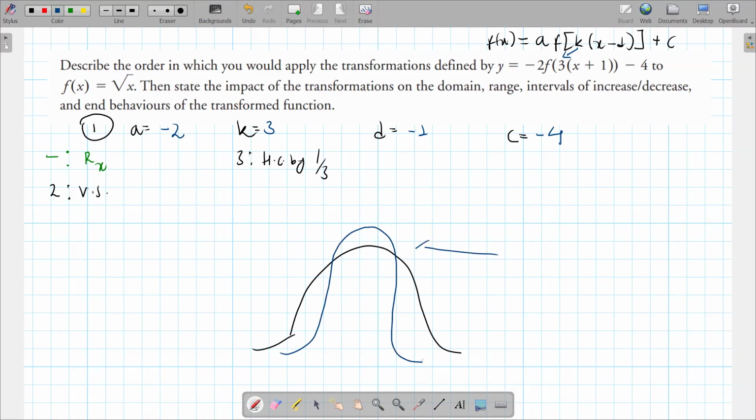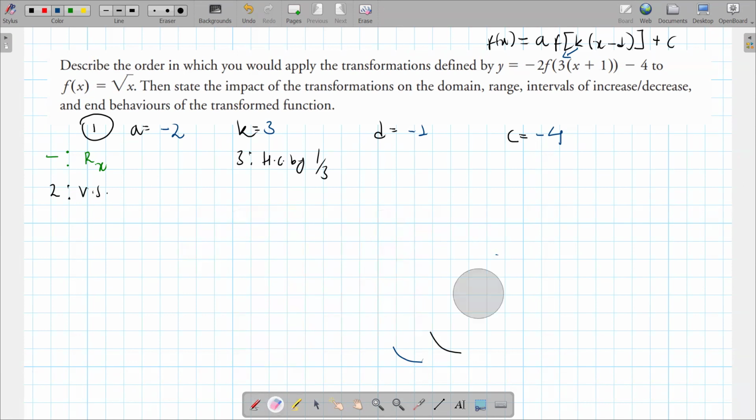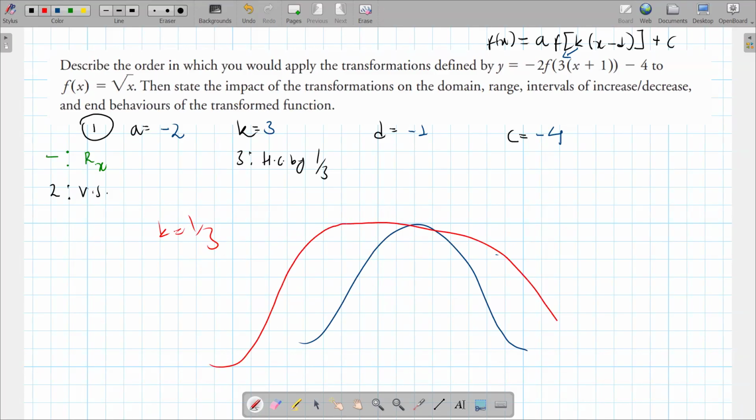It's going to flatten it out horizontally, okay? It's the opposite. If it was 1/3, then it will be a horizontal stretch. So if you had this k, so let's say your k was 1/3, then it would look like this. It would just become fatter in the x direction. Okay, k is the opposite.